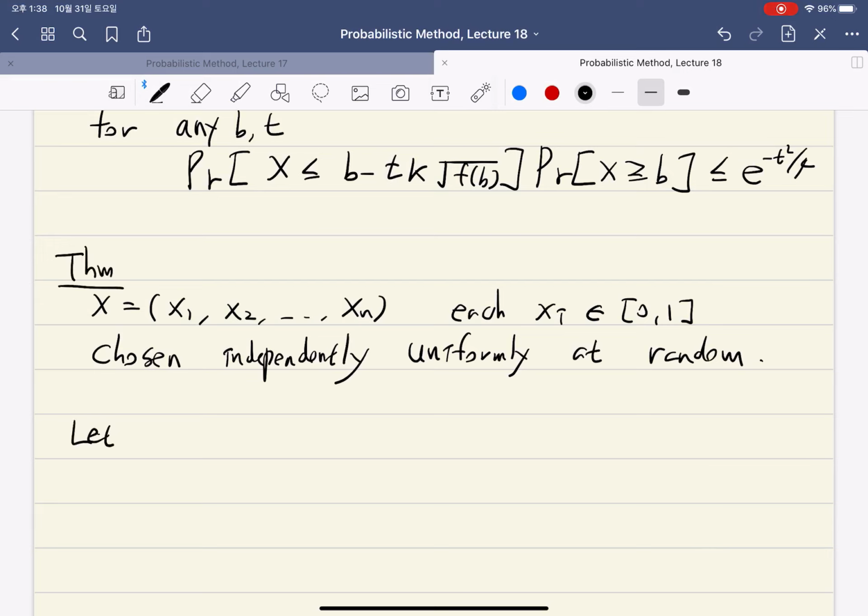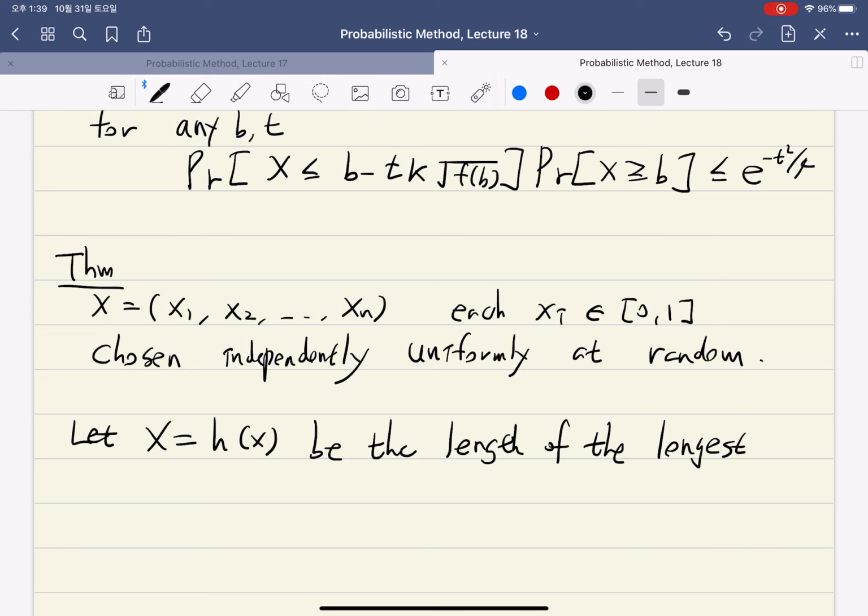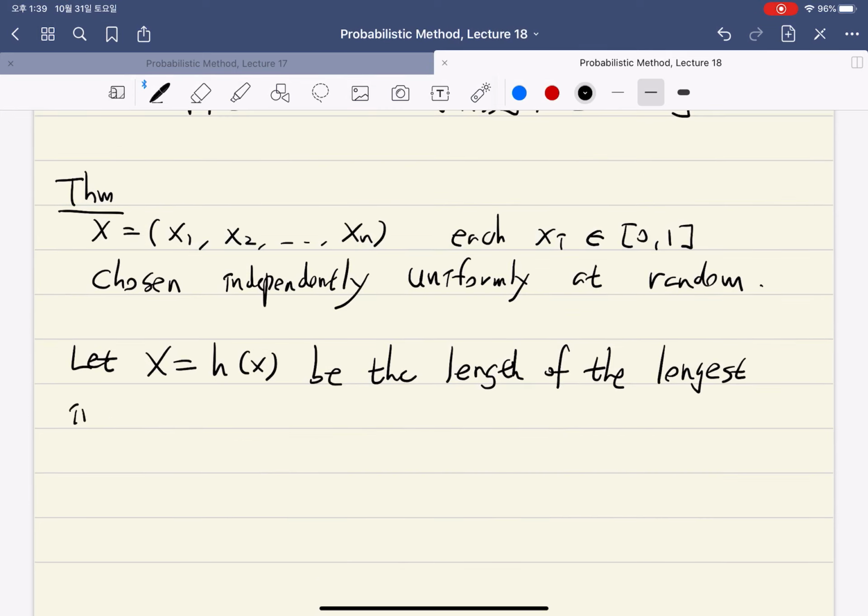What we will do is let h of x be the length of the longest increasing subsequence of this x.